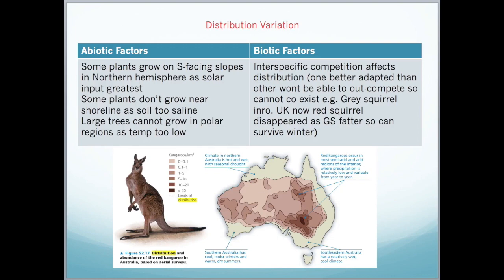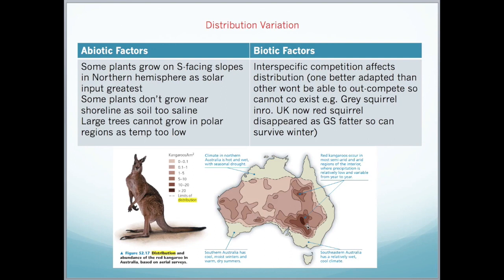And also I have a picture here which shows the distribution and the abundance of the red kangaroo in Australia. So we can see that the more intense color shows where the abundance of kangaroos is higher.